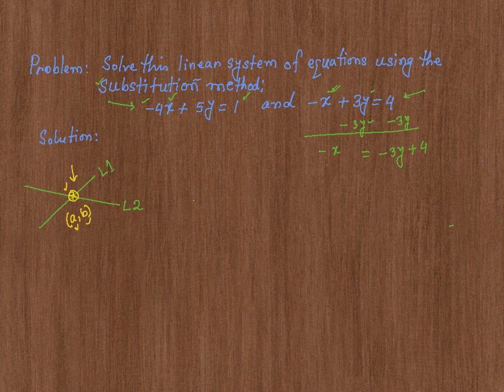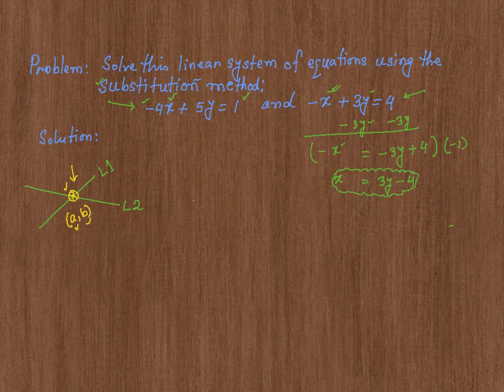On the left hand side I get x. -1 times x is just x, and on the right hand side -1 times 3y is 3y, and -1 times 4 is -4. Just to remind you, I am multiplying both sides of the equation by -1. Now this is my x value.